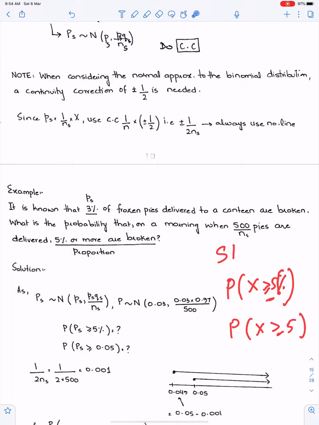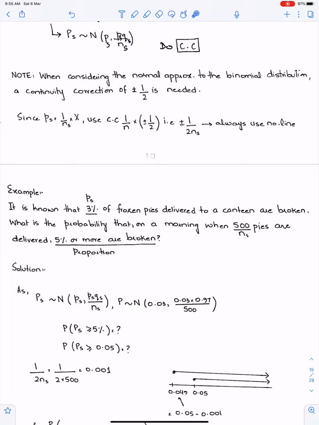So whenever we have percentage in the requirement, then the question will be of sample proportion. This is the difference, and this is the way to differentiate the questions of sample proportion and simple binomial. This thing is important. The requirement is in percentage. This will tell you that you need to use proportion.